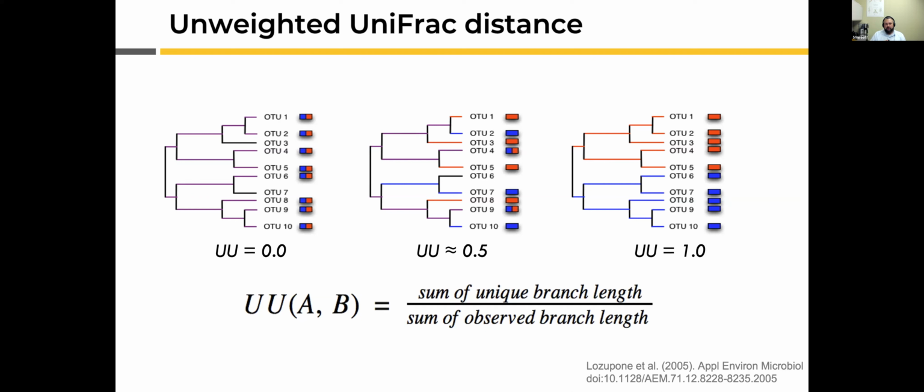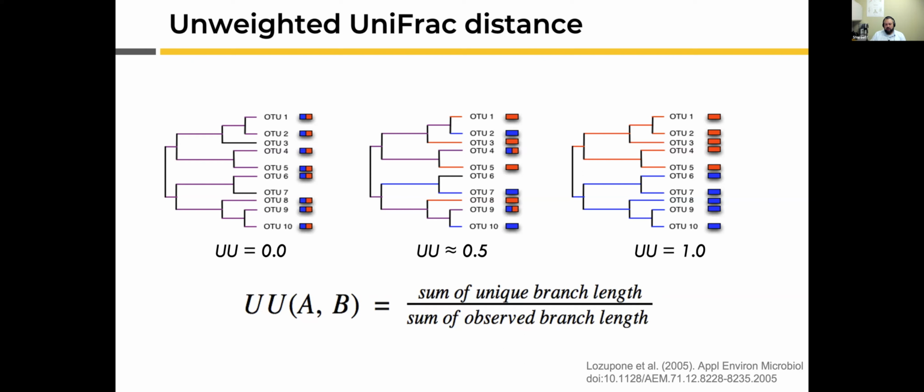When you're creating a phylogenetic tree, you don't necessarily have to have a complete tree. You don't need a complete tree of life every time you're calculating UniFrac. You can simply create a tree from the sequences that you have and calculate branch lengths based on that.